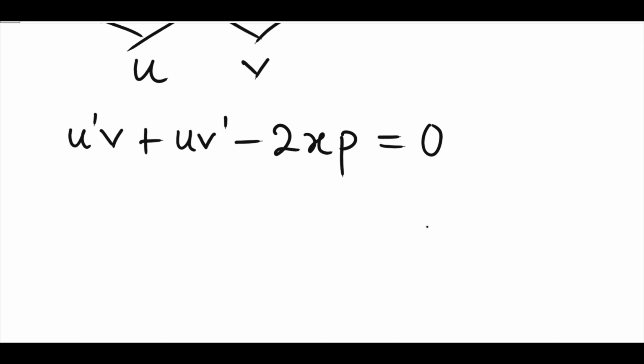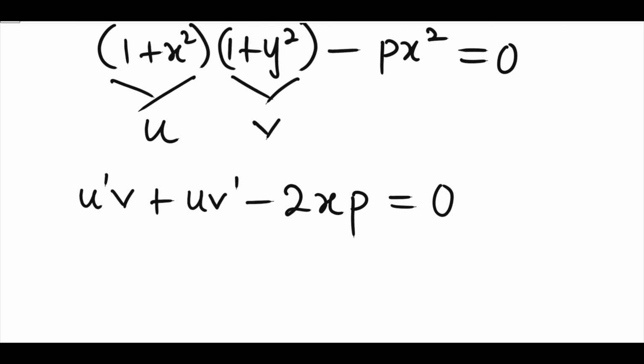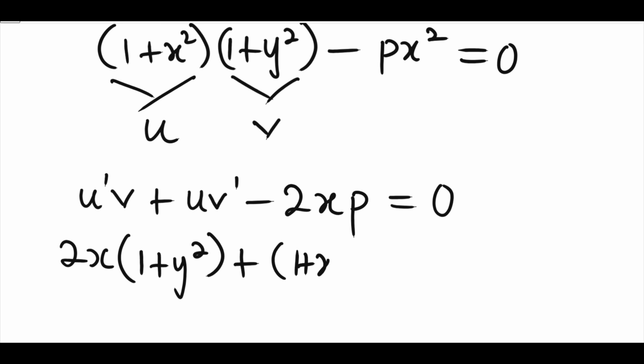All right. So we know our u to be 1 plus x squared. When you differentiate 1 plus x squared, you are going to get 2x. Then you maintain your v, which is 1 plus y squared. You close it nicely. And plus, you now maintain your u, which is 1 plus x squared, and you differentiate your v, which is 1 plus y squared.